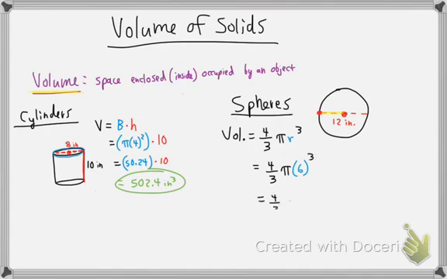So 4/3 pi times 6 cubed, that should be 216, I believe. Let's take 3.14 times 216. We're going to get 678.24. And we take that times the fraction 4/3.